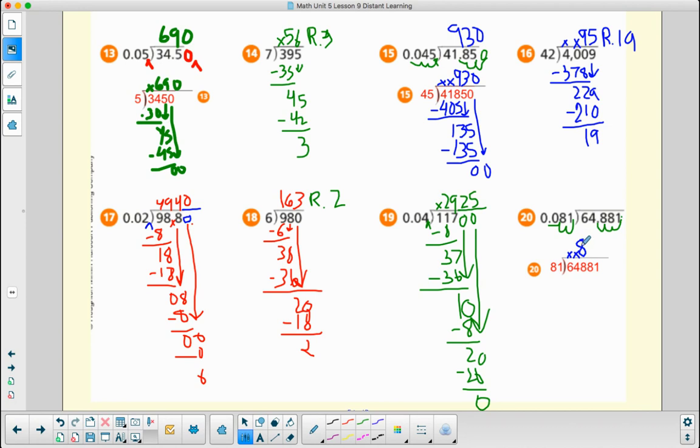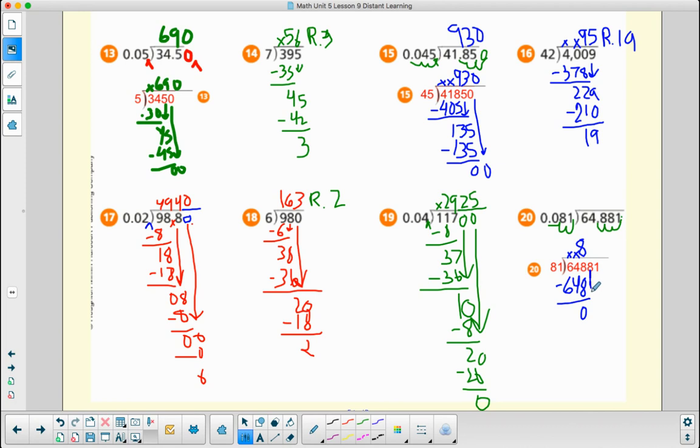A little nervous about that. 8 multiplied by 81. Well, 8 multiplied by 80 is 640. 8 multiplied by 1 is 8. So I have 648. It's exactly right. I got lucky, I think. And that leaves me with nothing left.